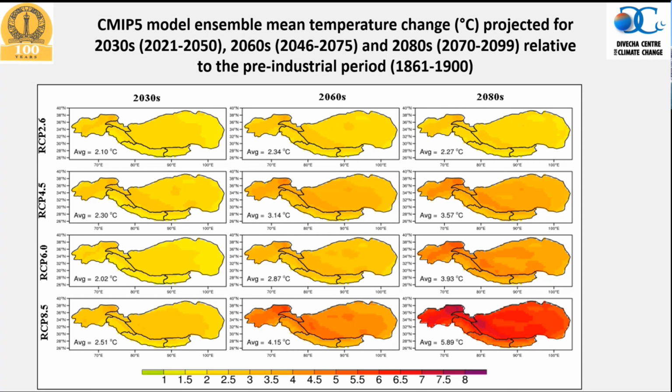So how much temperature rise will take place depends upon which scenario you use. You can use either RCP 8.5, RCP 6, RCP 4.5, or RCP 2.6. So what it means is that RCP 8.5 is an extreme case scenario.